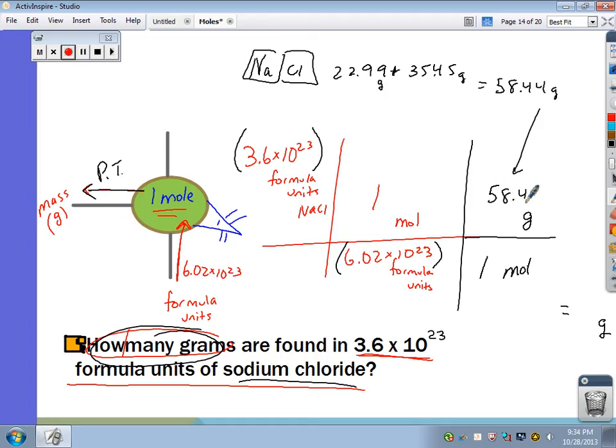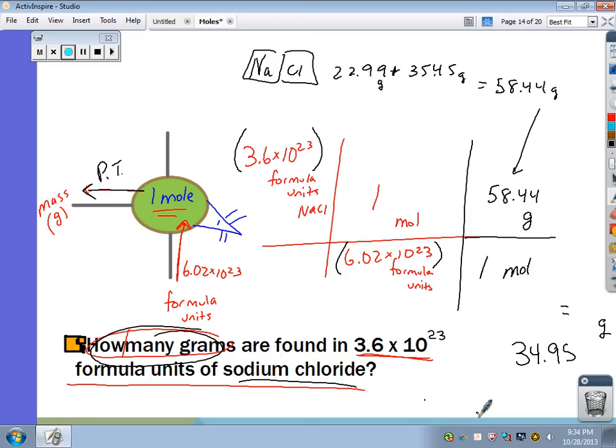That's my GFM, my gram formula mass. Now how do I do my math? 3.6 times 10 to the 23rd divided by 6.02 times 10 to the 23rd in parentheses times 58.44, and I should get 34.95 grams of sodium chloride.